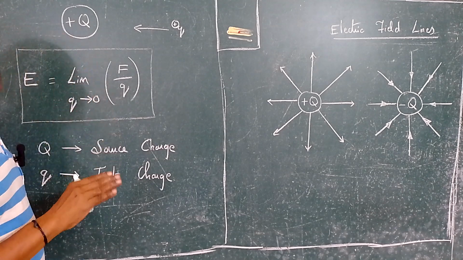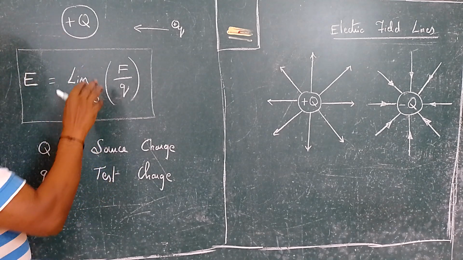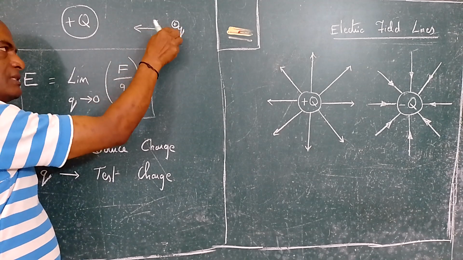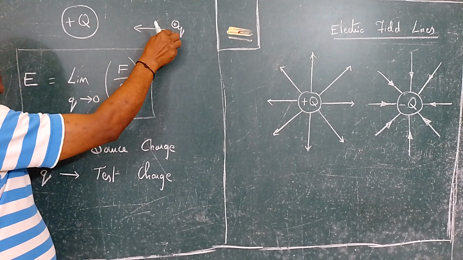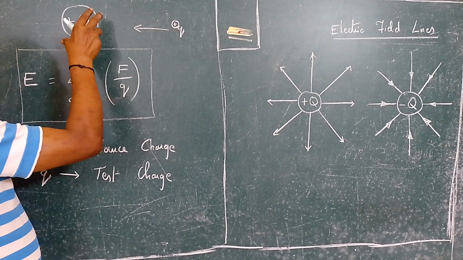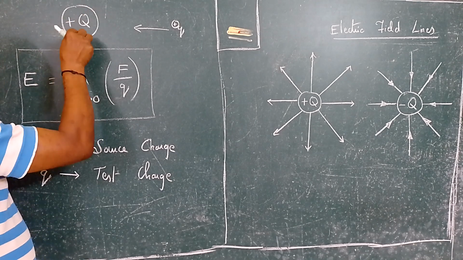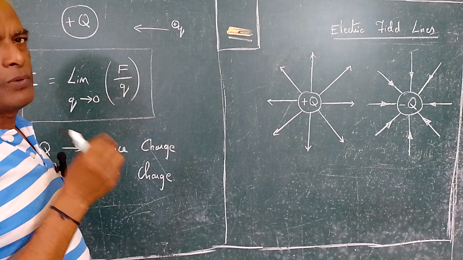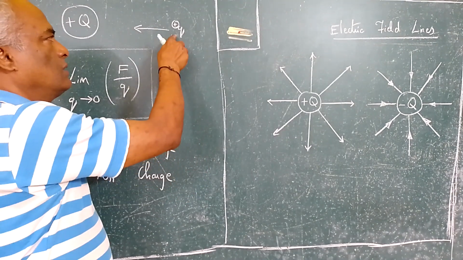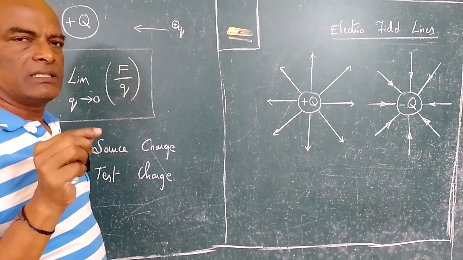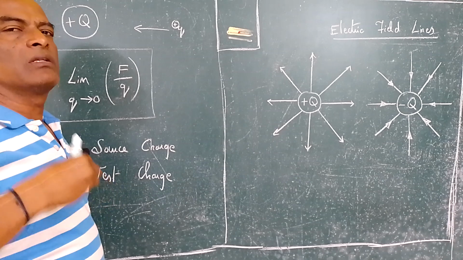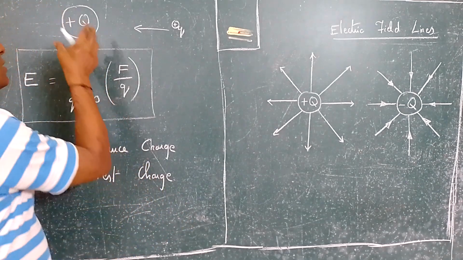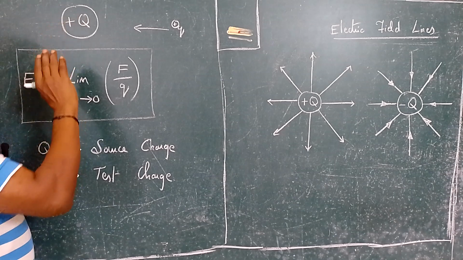Assume that the impact of this test charge cannot move the source charge from its defined location or specified point. That is, the value of the test charge is not so big that the source charge is moved.